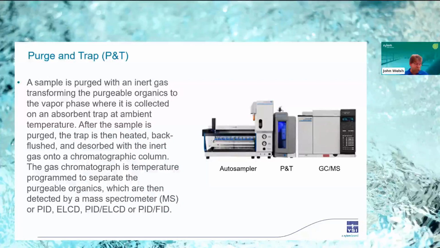The gas chromatograph is temperature programmed to separate these organics, which are then detected by most often a mass spectrometer, although the detectors could be a PID or an electrolytic conductivity detector or PID-FID. The instrument I show on the right-hand side is our auto sampler and purge and trap, which is very commonly used in the laboratory for the determination of the trihalomethanes.